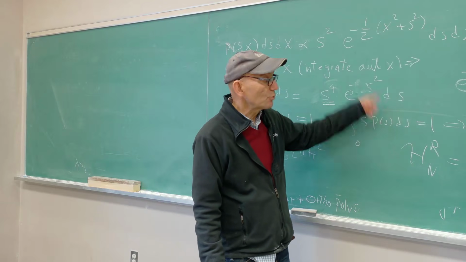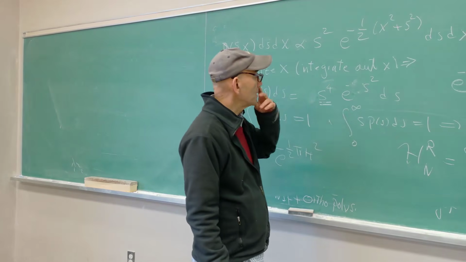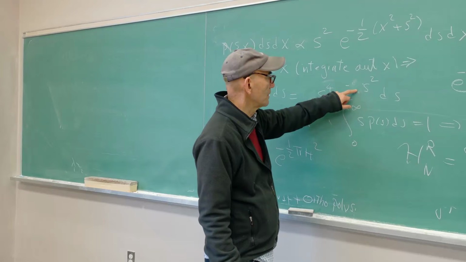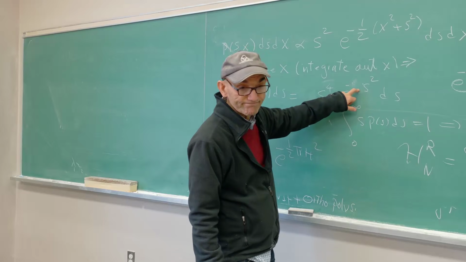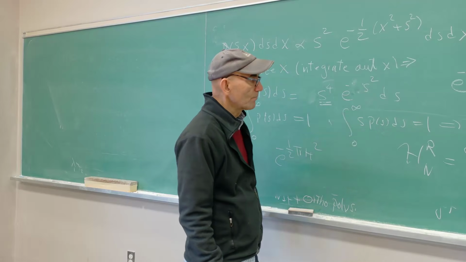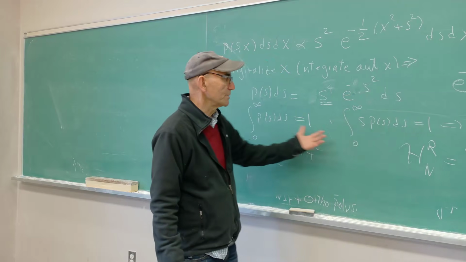So your model should reflect that by putting not just n over 2 or 1 over 2, but some beta. So you have a model which gives you a distribution satisfying both conditions.